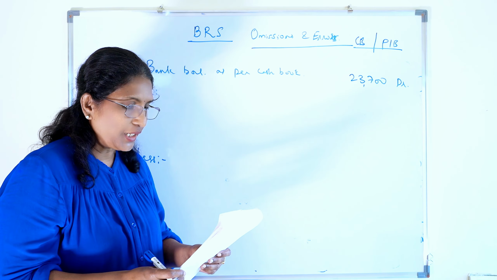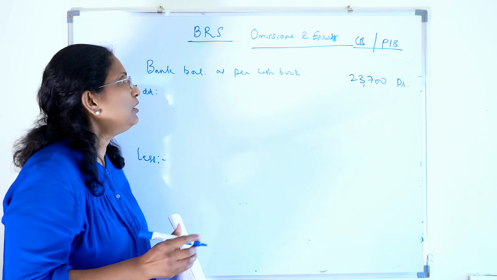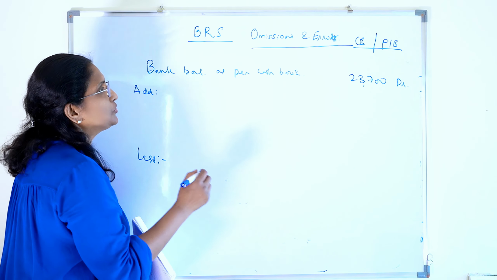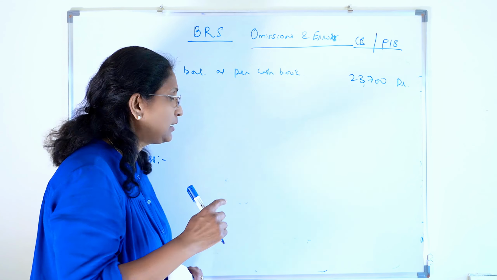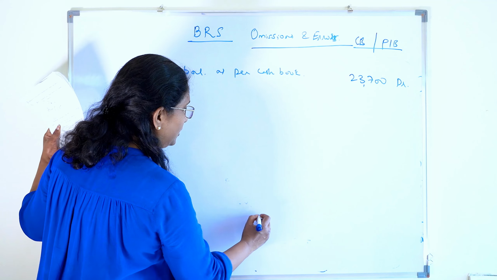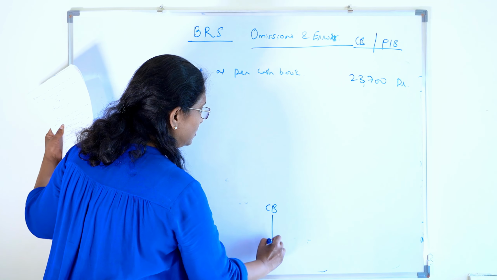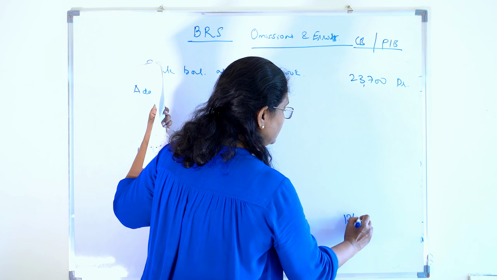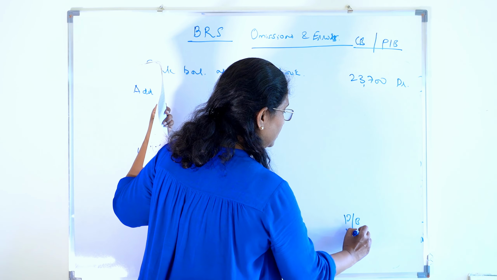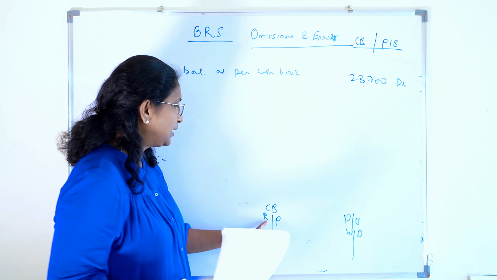Okay, so cheque issued but not yet presented for payment. Now, a cheque is issued, so which side is it initiated from? It is initiated at the cash book. Let's draw the cash book here: receipt, payment, and the passbook: withdrawal, deposit. You can see I'm doing it very easily.